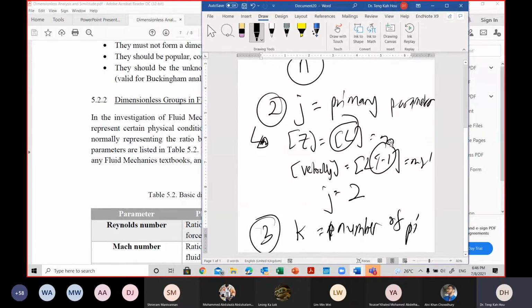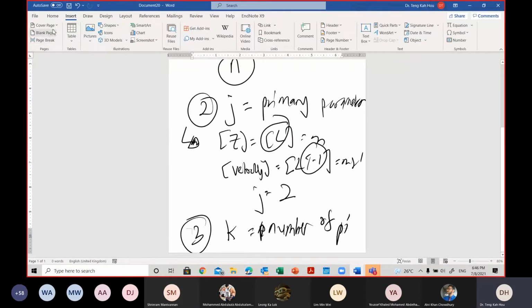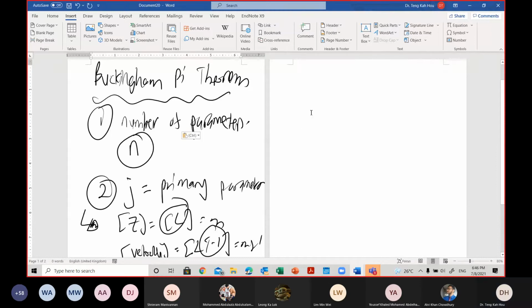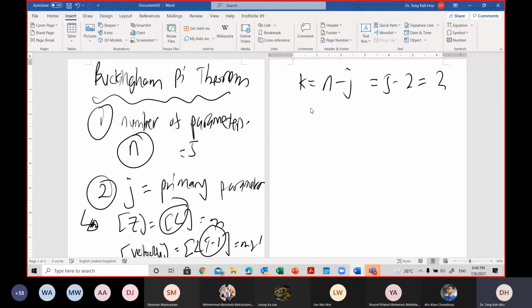Of course, you can use the formula K equal to N minus J. In this case, if let's say N is 5 and J is 2, then 5 minus 2, you have 3 pi terms. So you have pi 1, pi 2, and pi 3, right? So what is your fourth step?